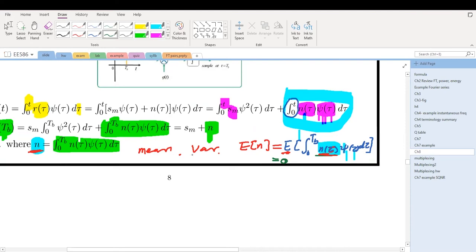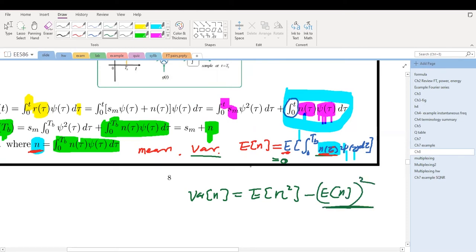Next, let's look at the variance of n, which equals the expectation of n squared minus the square of the expectation of n. But because the mean of n is equal to 0, we only need to evaluate this term.